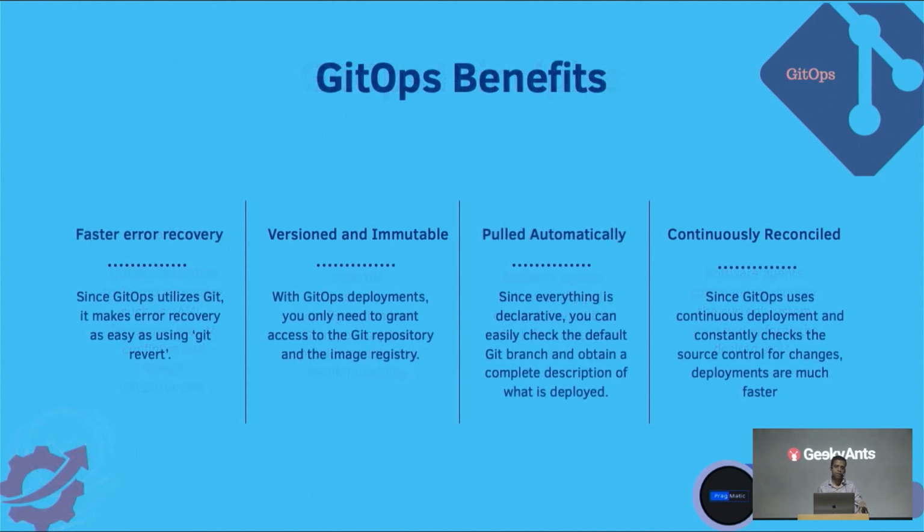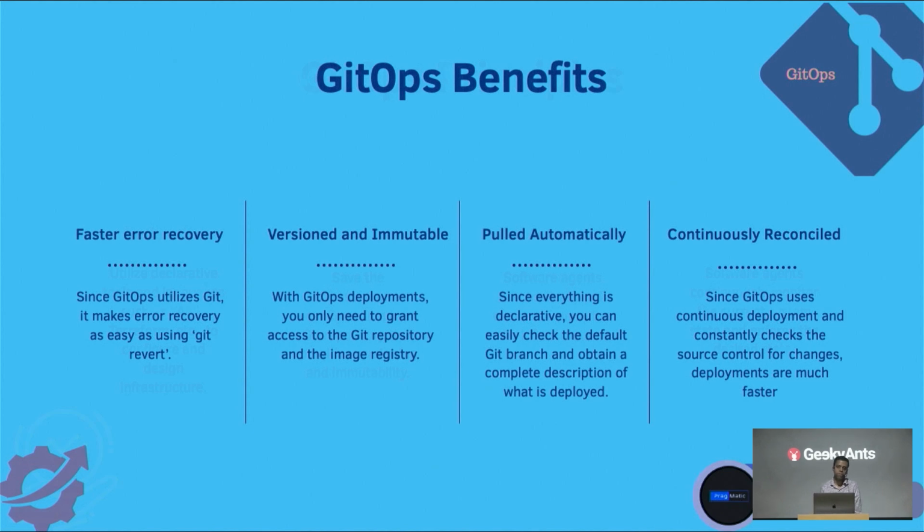In a typical CI/CD setup or in a DevOps setup, you have to give a lot of permissions to your build agents, which are running primarily in your CI tool such as GitLab, Azure DevOps or Jenkins. But in GitOps, you don't have to do that, because these agents that run, all they need is access to the repo where you have stored your configuration files, such as the YAML definitions in Kubernetes or your Terraform code.